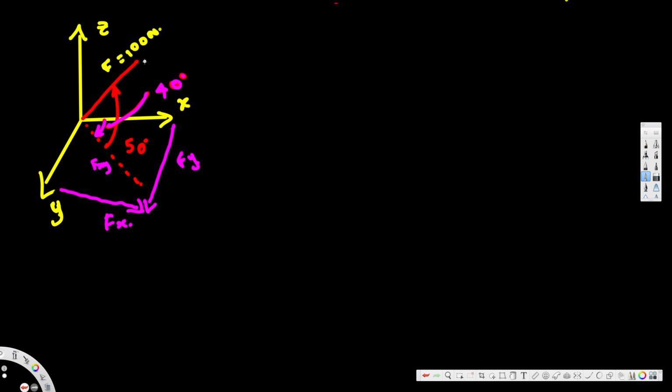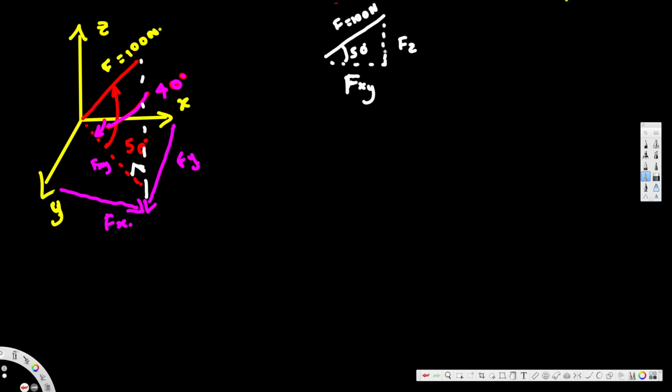The angle of this triangle is 90 degrees. If we draw this triangle separately, this is making 50 degrees, and this is 100 Newton, this is our fz, and this is our fxy.